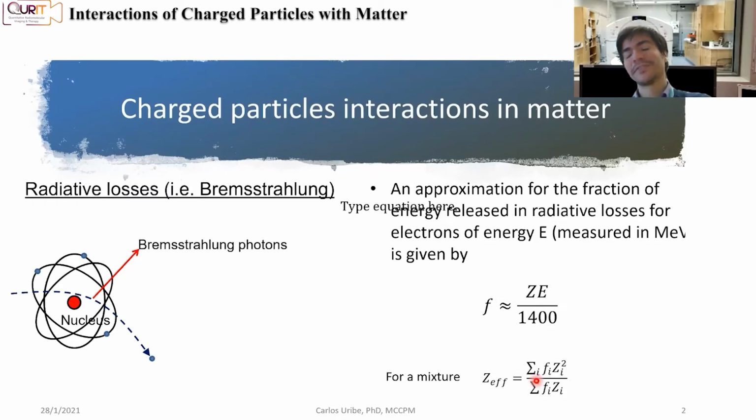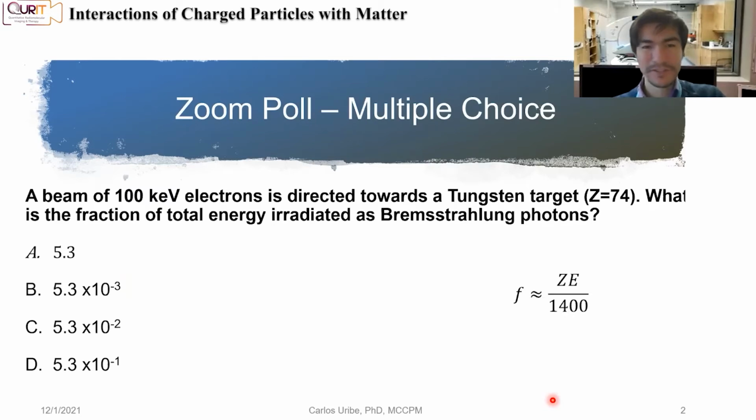F is the fraction of the weight of that molecule that corresponds to each atom. We'll have an example in a moment, but you can calculate the fraction of the mass of hydrogen to the total mass of water, and the fraction of the mass of oxygen to the total mass of the molecule of water. So let's look at that.